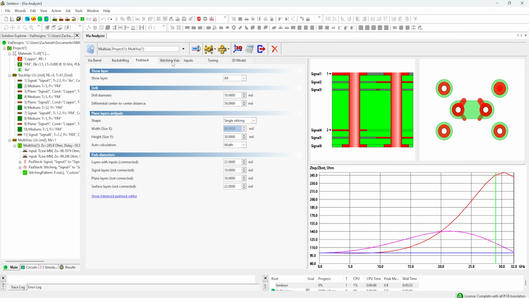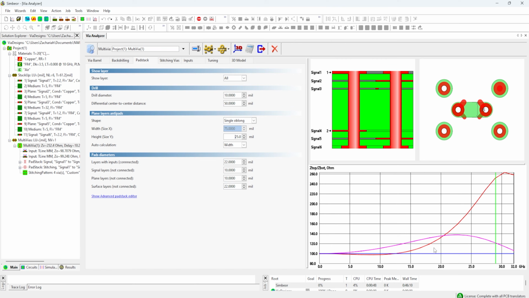What we would need to do is change the size of the antipad in order to overcome this inductive effect, as you can see in these mid-range frequencies. So for example, if I made this antipad just a little bit smaller, you can see we overcome that inductance just a little bit on this rising edge of these impedance curves.